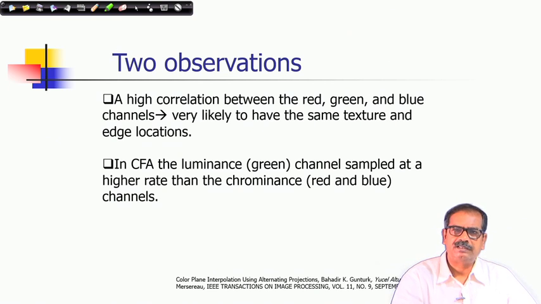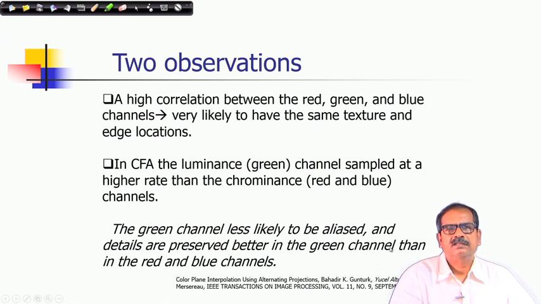Of course, green also has its part there. That is why, in the jargon of color interpolation, green is considered synonymous with the luminance channel. If you want to estimate luminance, first we interpolate green and use that value as a luminance value in subsequent processing.